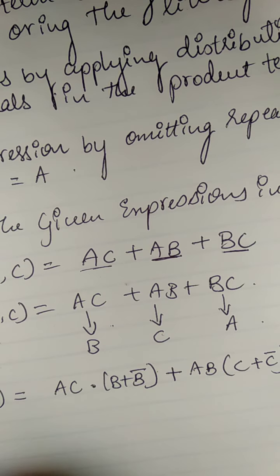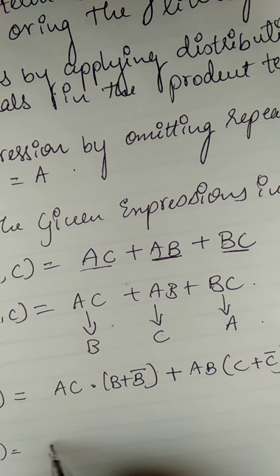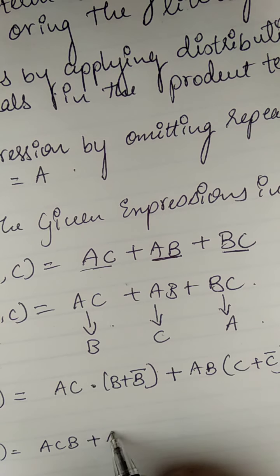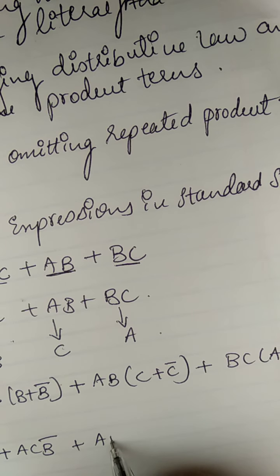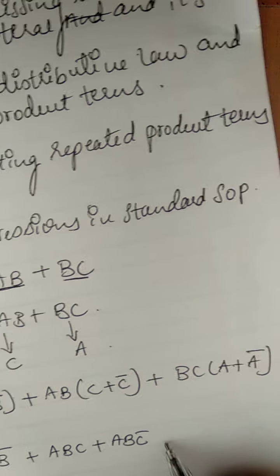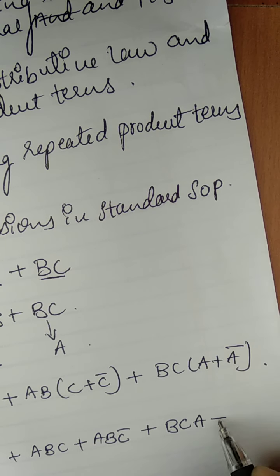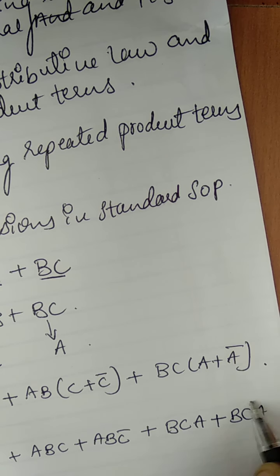By multiplying. F of A, B, C is equal to AC into B, that is ACB, plus ACB bar plus ABC plus ABC bar plus BCA plus BCA bar.